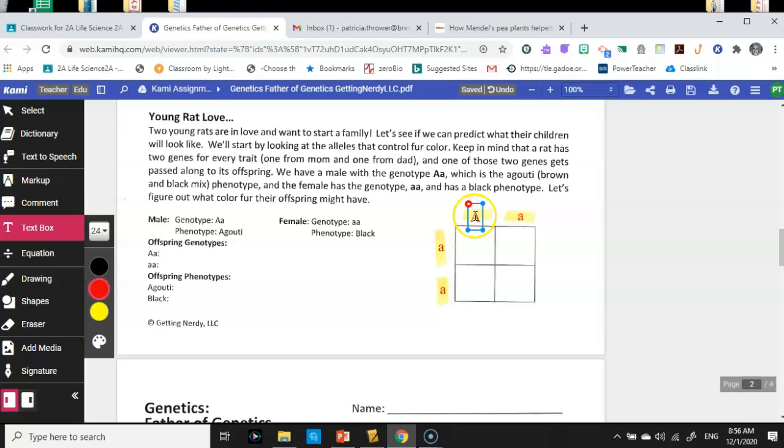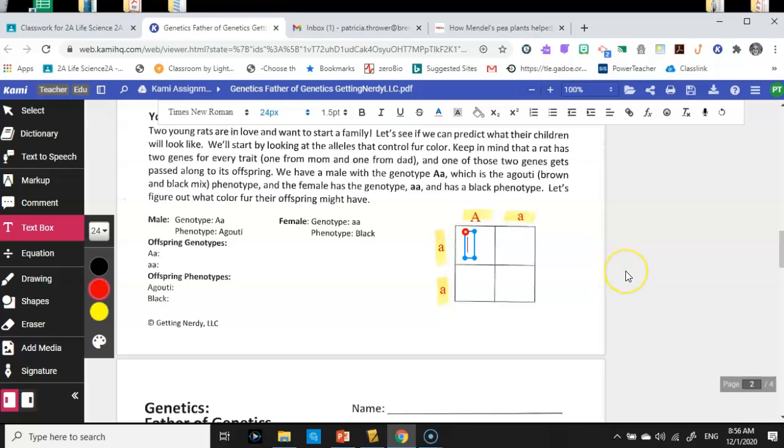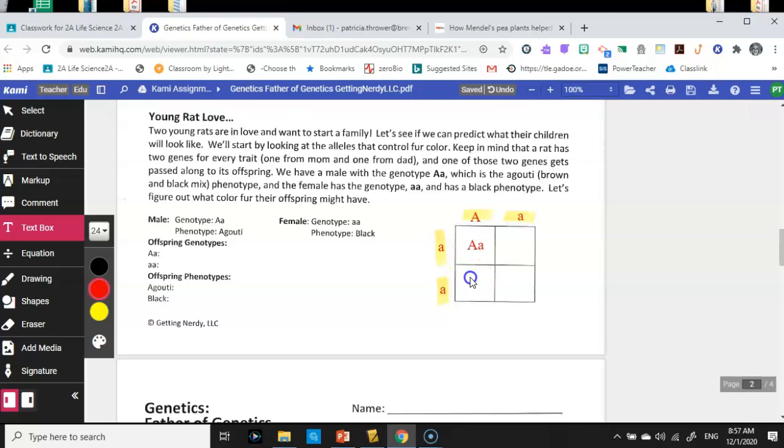So what you're going to do is, I always start with my dominants, bring those down and put those in the front. If you put those in the front, it's just going to be easier because it's what you're used to seeing. You're going to bring this dominant A down, and you're going to bring this recessive A over. So you're going to fill out each one with a parent. This parent is given a dominant, and this one is given a recessive.